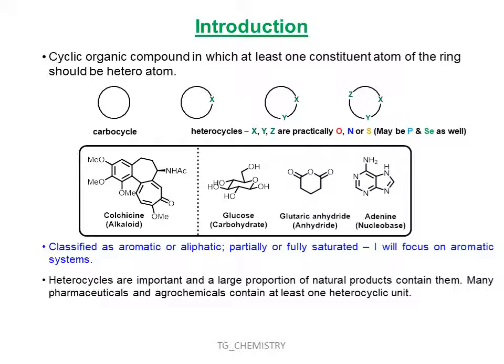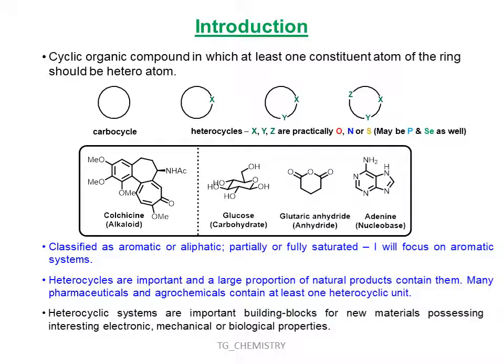Many pharmaceuticals and agrochemicals contain at least one heterocyclic unit. And these systems are important building blocks for new materials possessing interesting electronic, mechanical, and biological properties.